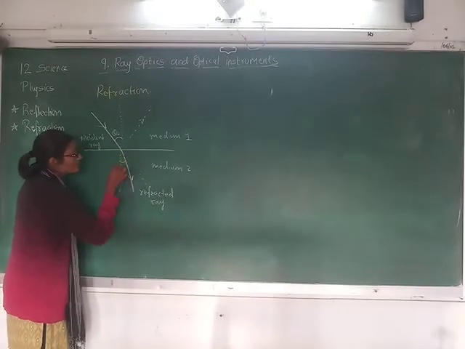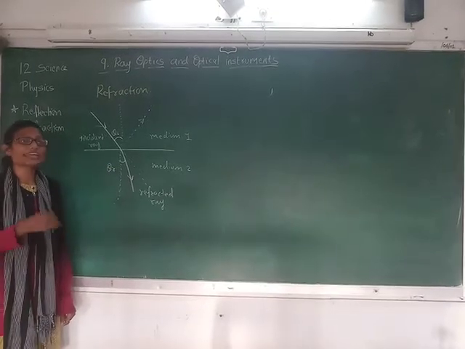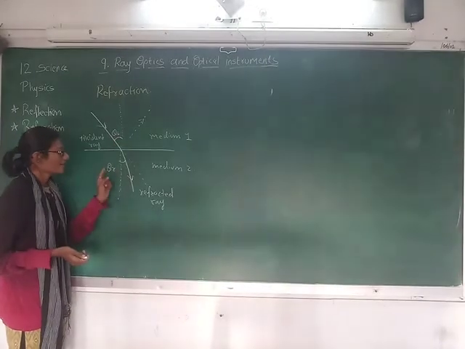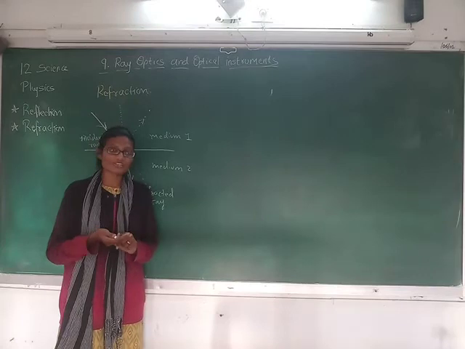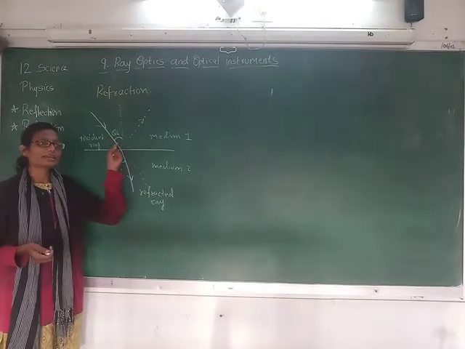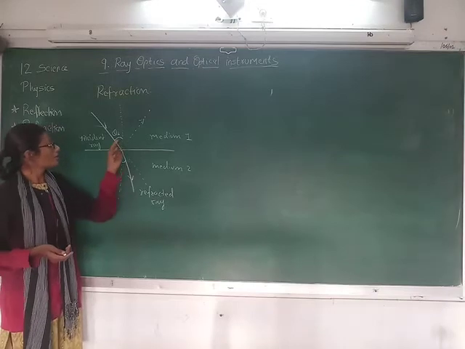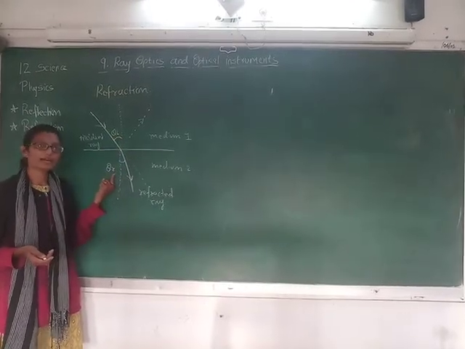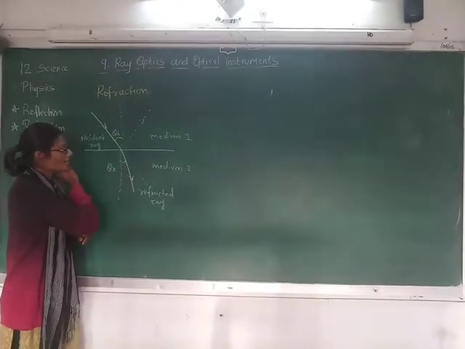So that angle is called the refracted angle or angle of refraction. Here it is denoted by theta I. As said in the reflection topic, you can denote it by theta 1 and theta 2, or simply I and R. So this is theta I and theta R.